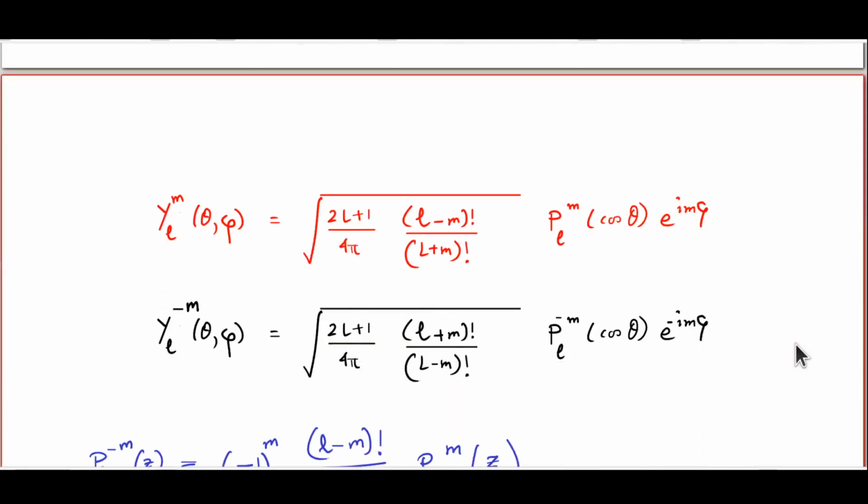Let me just point out that the definition of Y_lm(theta, phi), which is here, if you put minus m in place of m there, all the m's change sign. So in addition to P_lm becoming P_l minus m(cos theta), the normalization factor in front changes sign, and e to the i m phi changes sign as well. So this becomes e to the minus i m phi.